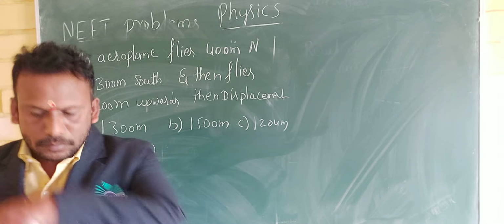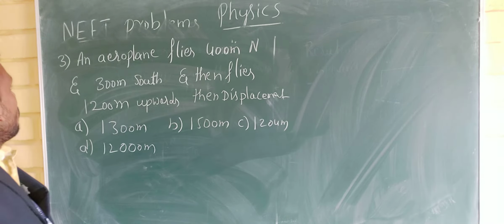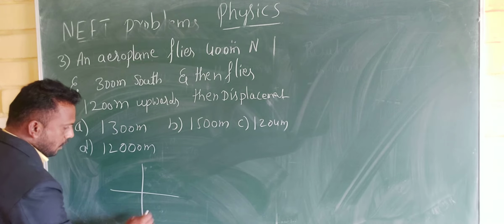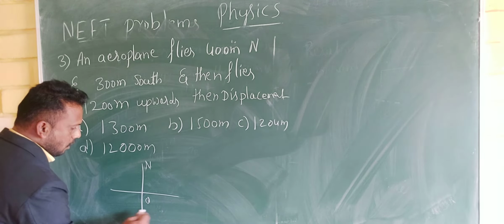Okay, how to solve this problem? An aeroplane flies 400 meter north and 300 meter south and then flies upward 1200 meter. What is the displacement? How to calculate? Here the origin is O, with north, south, east, west.